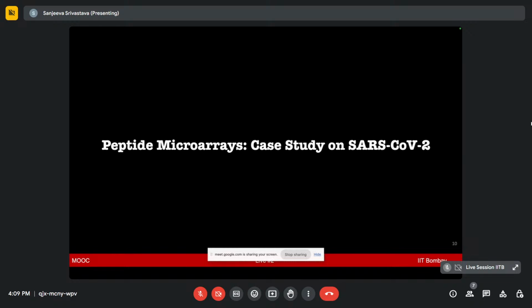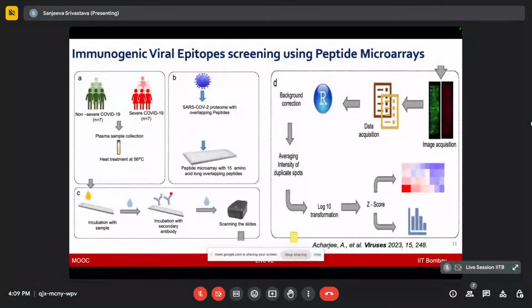For this virus, all the peptides of all its proteins were synthesized synthetically and printed on the chip, and this chip became a peptide microarray. The idea was, can we take the severe and non-severe groups of COVID-19 patients? We have serum and plasma samples from these individuals, which we pre-heat treated to ensure that the virus is inactivated.